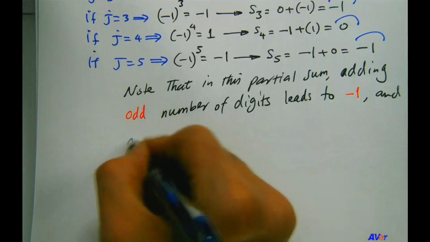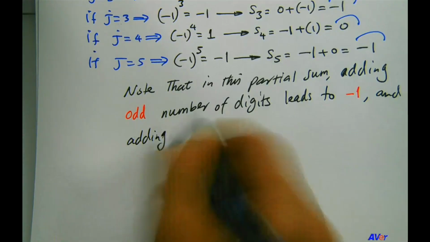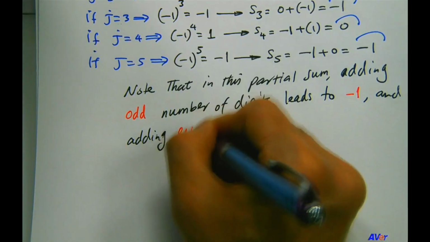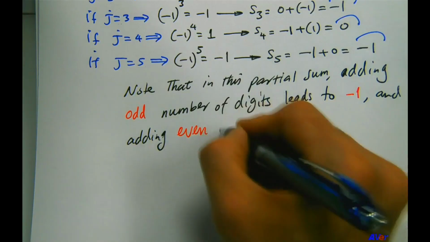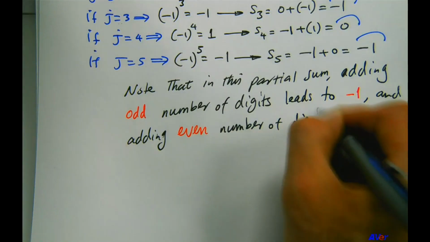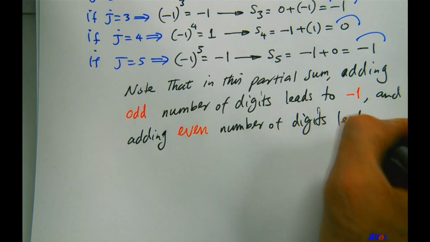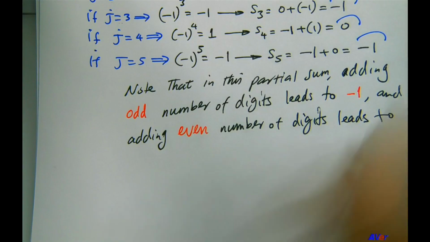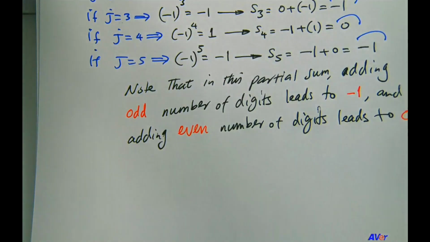And adding an even number of digits leads to 0.